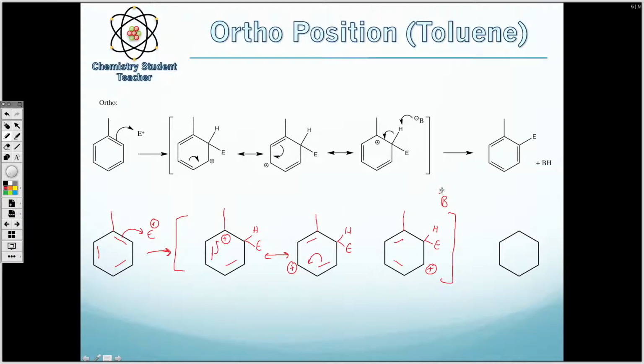Then we can have a base that attacks the hydrogen and reforms the double bond as such. That goes to our final product, which is the toluene substituent and the electrophile, not forgetting our side product there. As you can see, this is the mechanism behind the ortho attack.